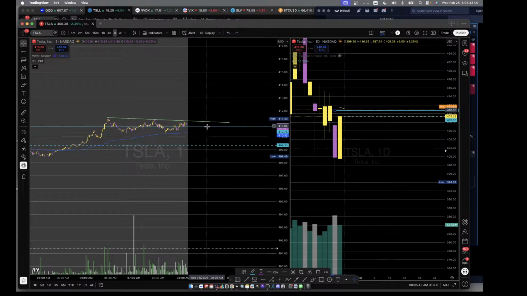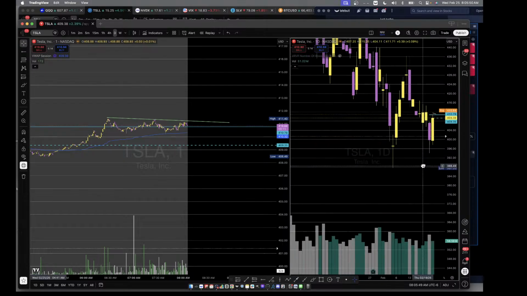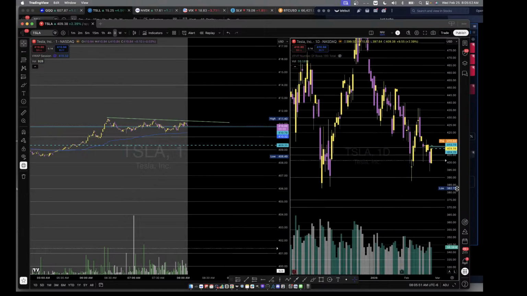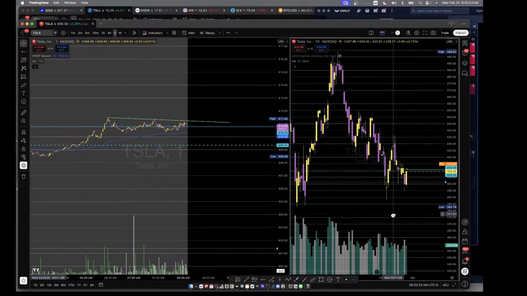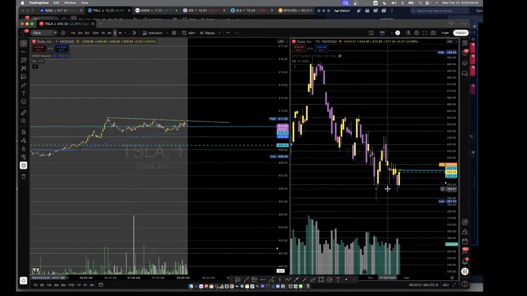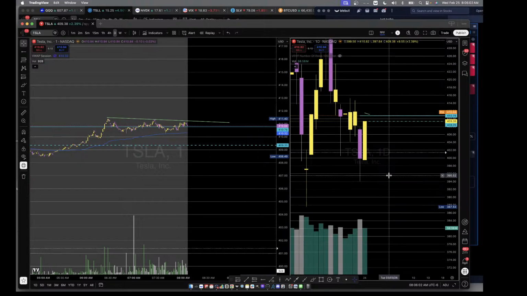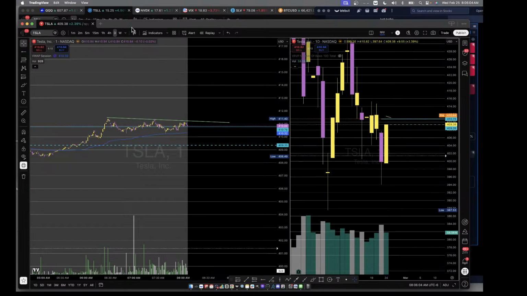We're not within the wick. I don't want to say reversing or anything. We're still trending down. Look at this. It's been falling. Just because it went up once doesn't mean it's gonna go up continuously. So watch it.